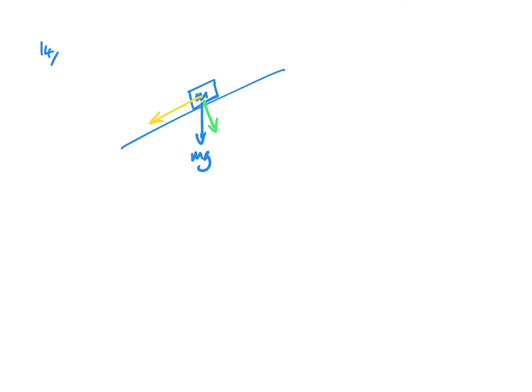Now if we define the angle of this slope as being theta, then that angle in there, it's hard to draw, is also theta, because the weight acts straight down.